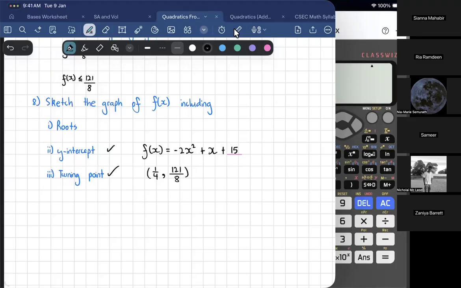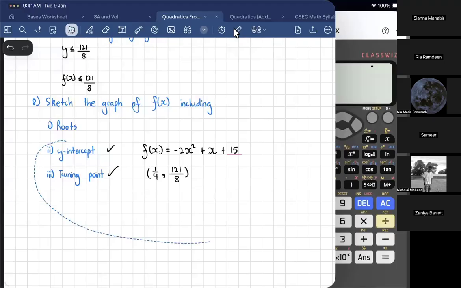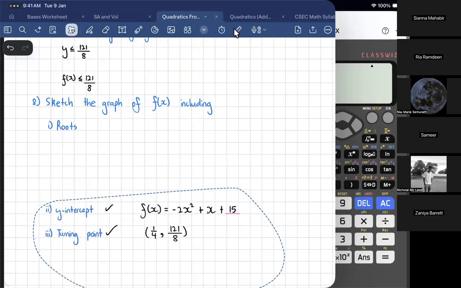So that's where the line cuts the x-axis. Yep, that is correct. And so, how are we going to find the roots? Walk me through that process. So you just told me that the roots are where the graph cuts the x-axis, yeah? Yes, sir. Okay, that's good information.